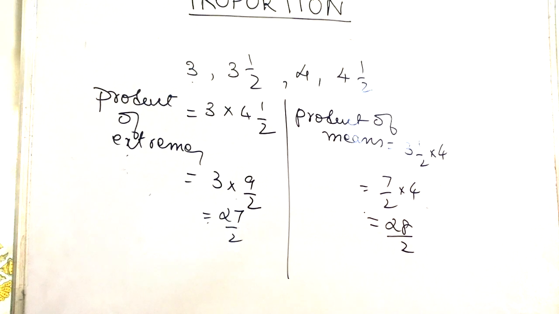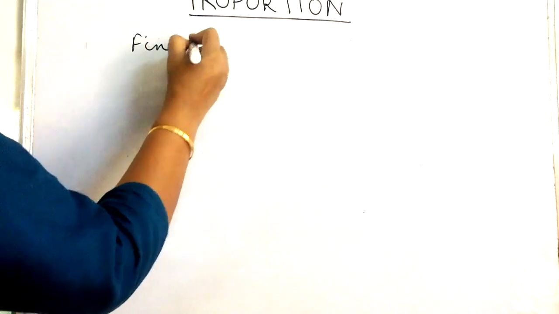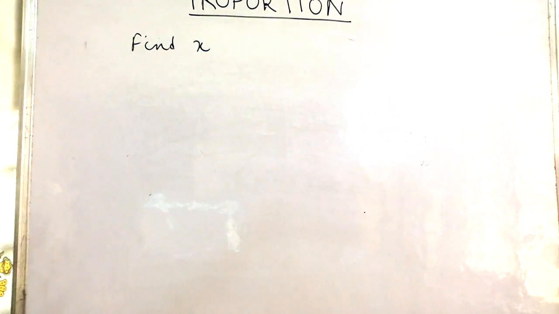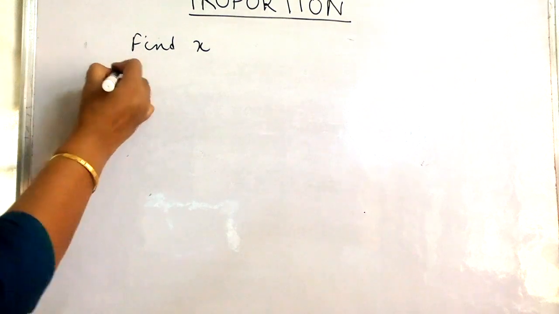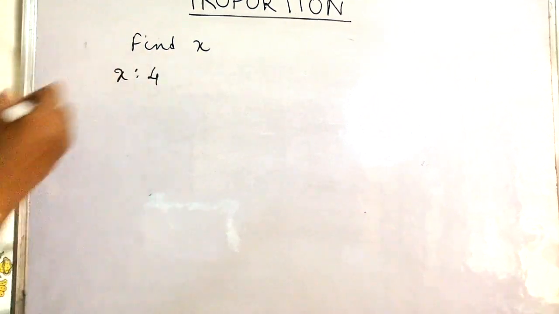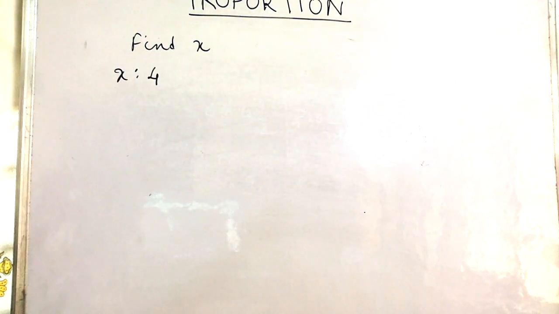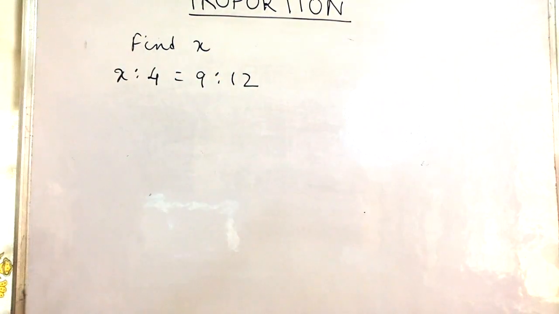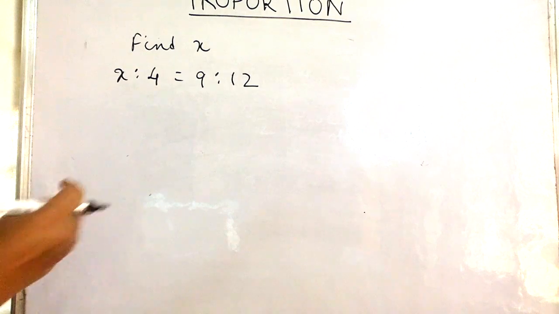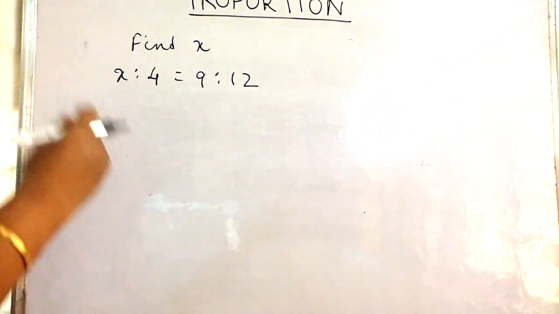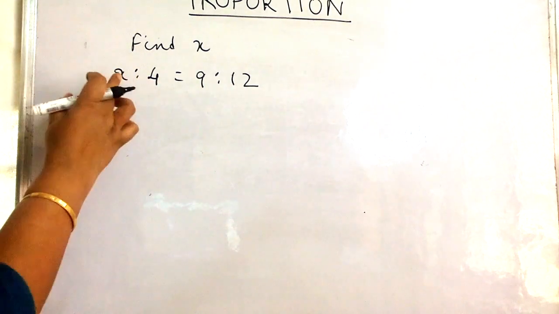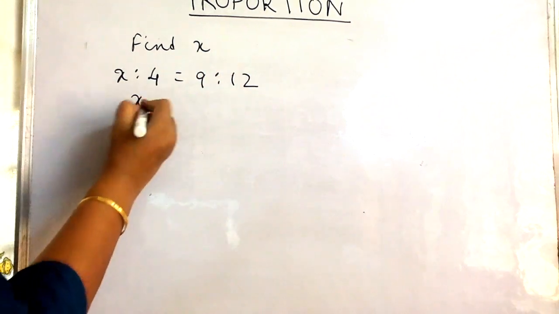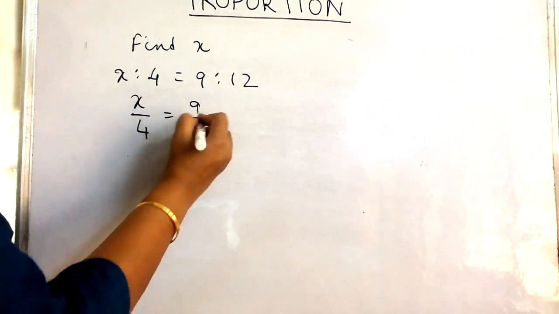Now they can ask a question. Here they are saying find x. Why do we have to find x? Let's see. They have given us something like this: x by 4 is equal to 9 is to 12. So now we have to find x. They have told us that this is in proportion, because they are saying this ratio is equal to this ratio. So x by 4 is equal to 9 by 12.